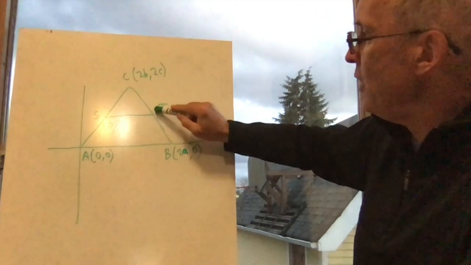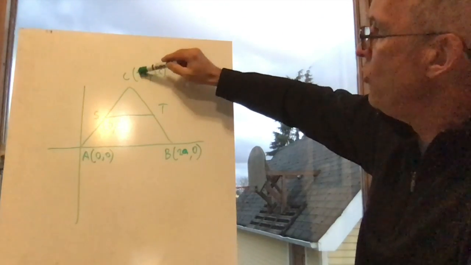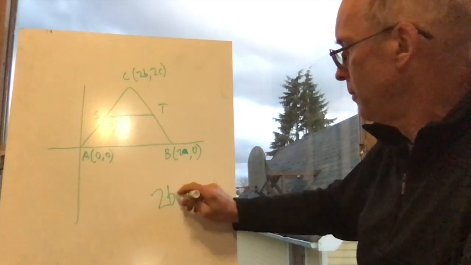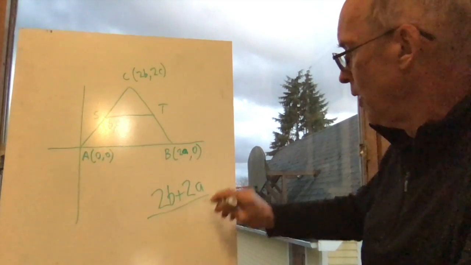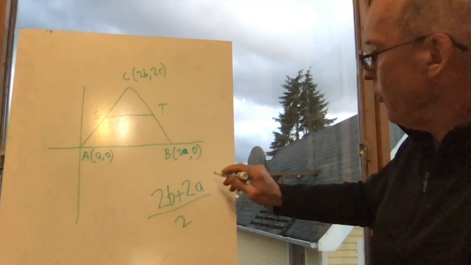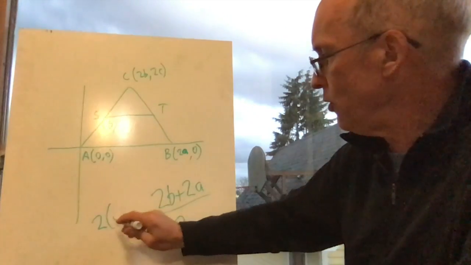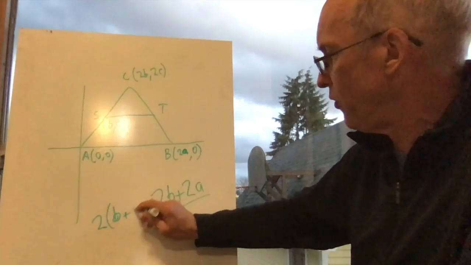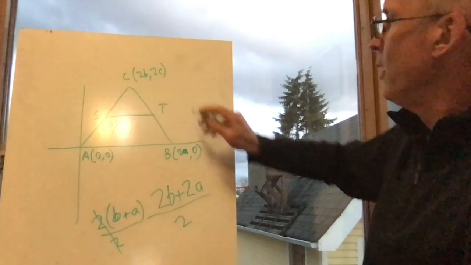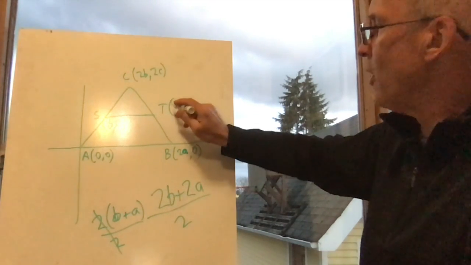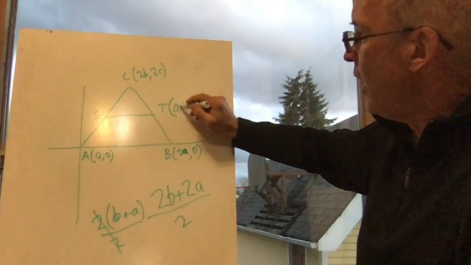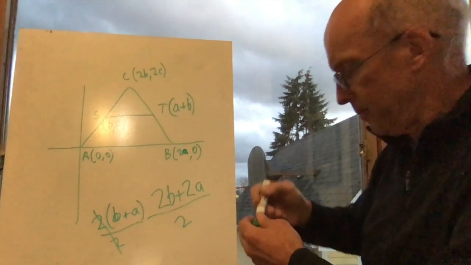Okay, so we do the same thing to find T. We're going to add the two x's together, 2b plus 2a, divided by 2. And you can see if we factor out the 2, we would get 2 times b plus a over 2. Cancel that, and you're left with the x value is going to be b plus a, or we'll just say a plus b.